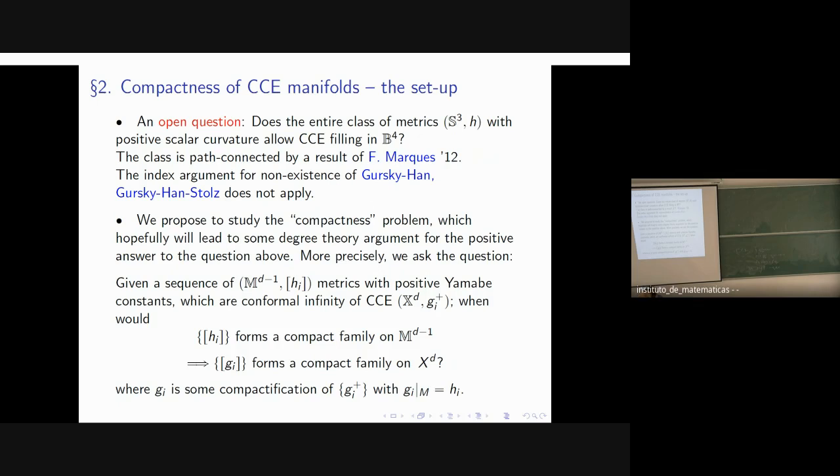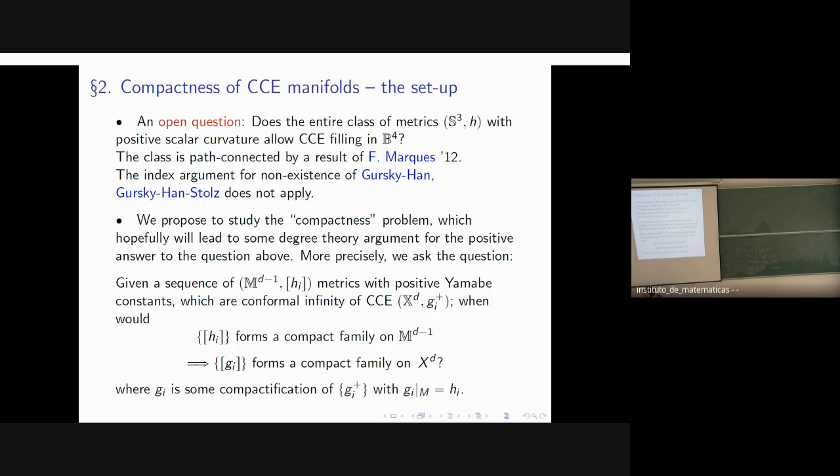And this class is different from, say, S^7 in two ways. The first is that the class of positive scalar curvature metrics on a 3-manifold is path connected, and that's a result of Fernando Marques.